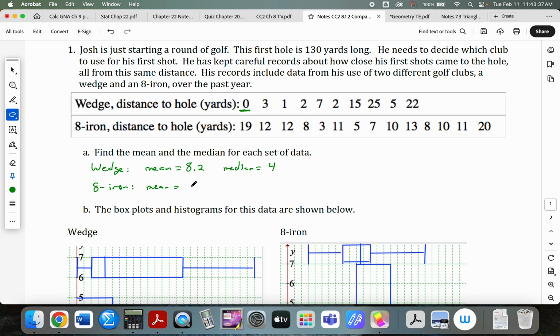So I got about 10.4. I just counted it. When I added them together, I got 149. I haven't even finished it yet. I just have 10.4 right now.